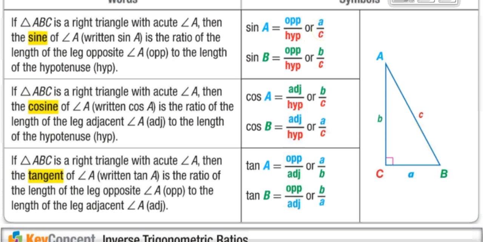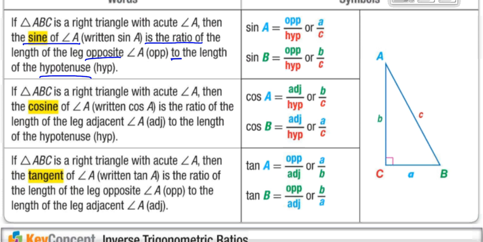So what we want to know for this one is the sine of angle A is the ratio of opposite over hypotenuse.